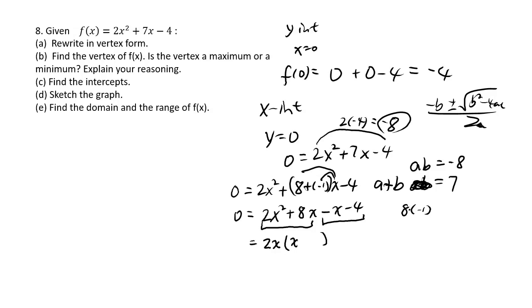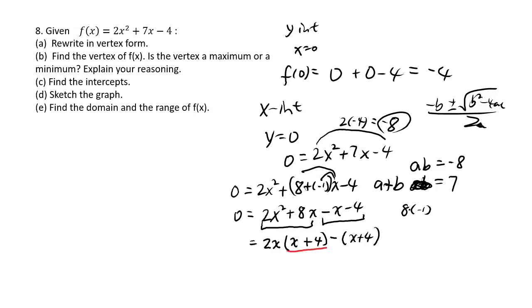Then 2x times 4 is 8x, so this is the same as 2x times x plus 4. Here, I need to factor the negative if there's a negative there, so the negative is factored out, and you get x plus 4.